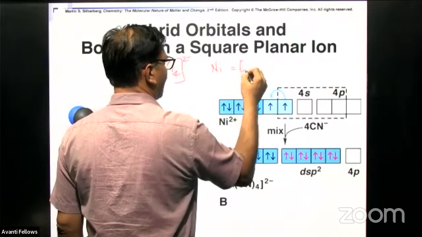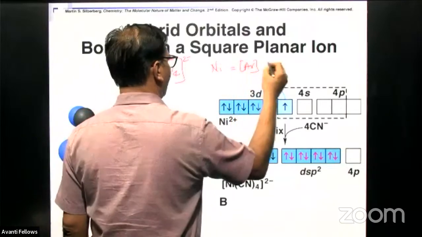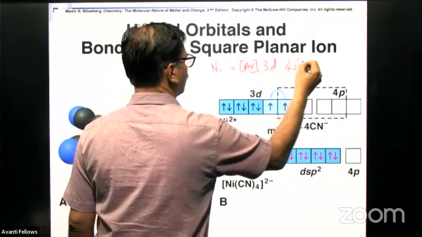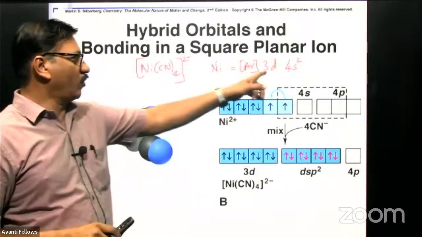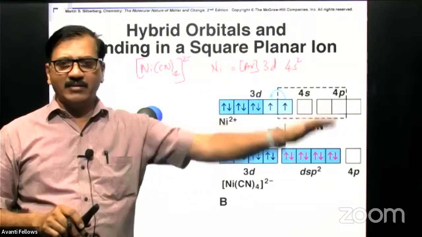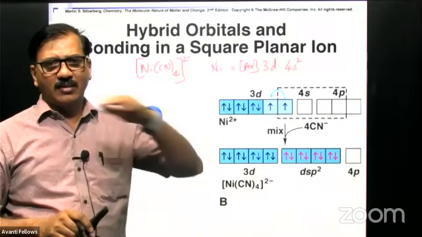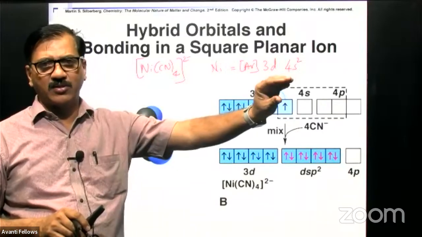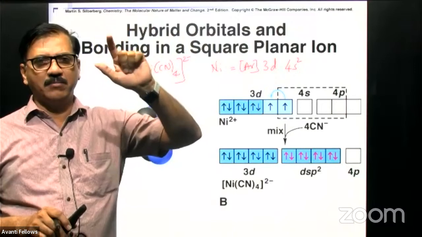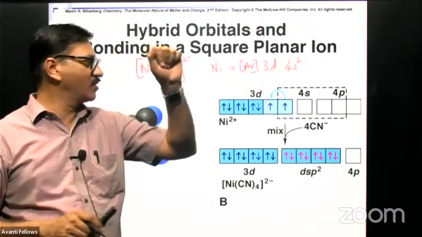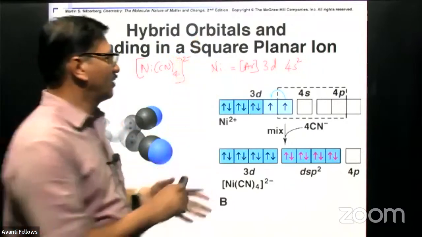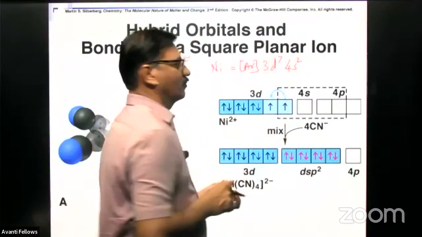Nickel has an argon core, 3d, 4s2. To know the 3d configuration of nickel, say the 3d series in sequence: scandium, titanium, vanadium, chromium, manganese, iron, cobalt, nickel.